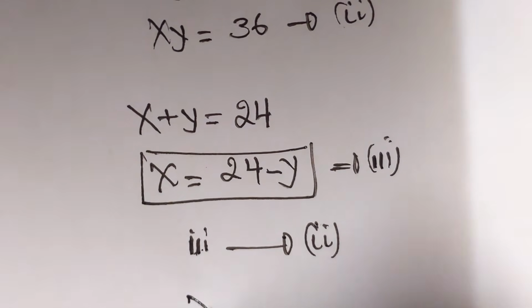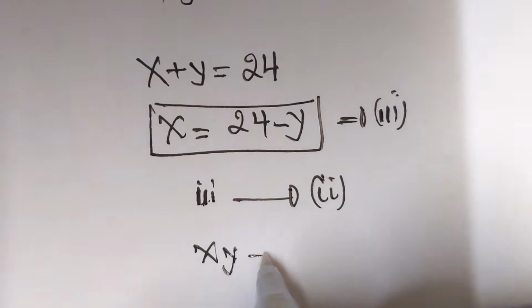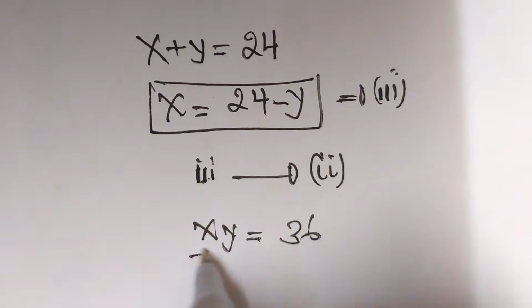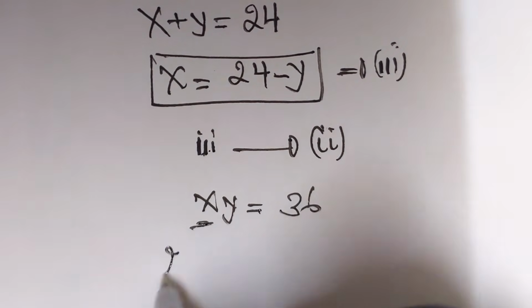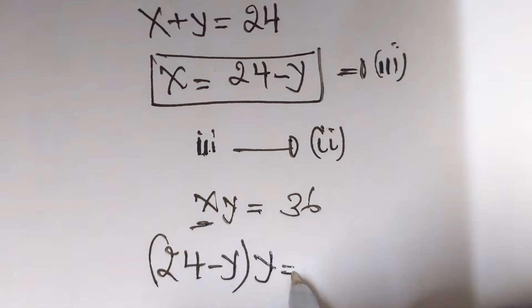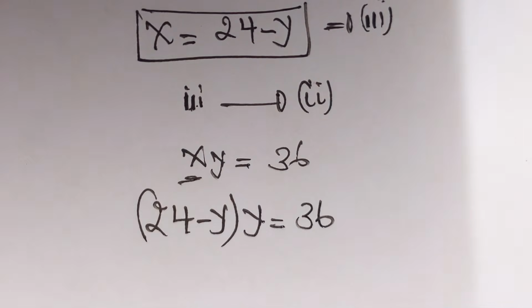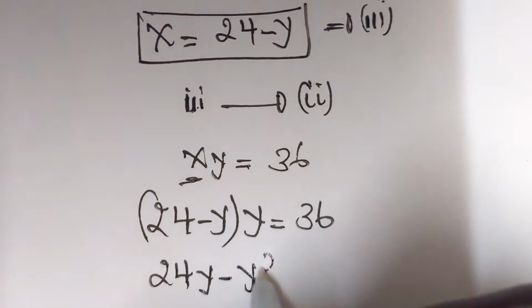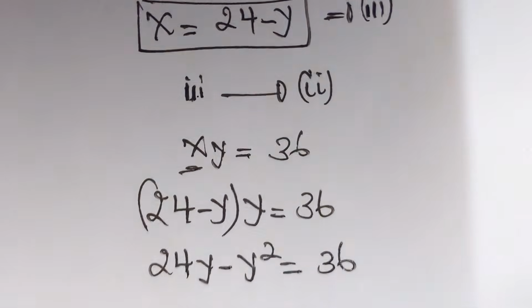We have xy as equation 2, which is equal to 36. With the value of x, we have 24 minus y times y equals 36. Then we write 24y minus y squared equals 36.